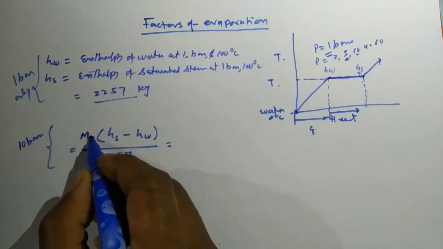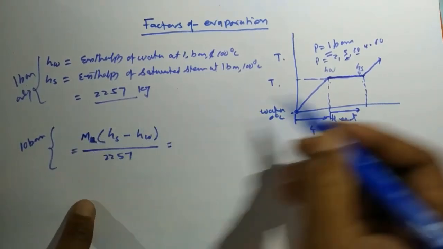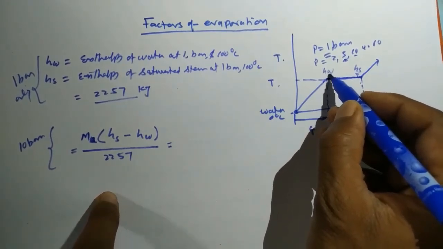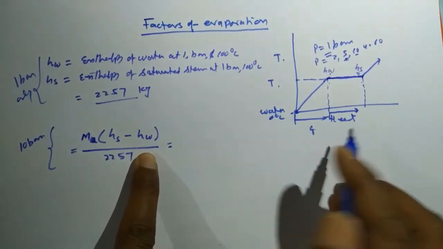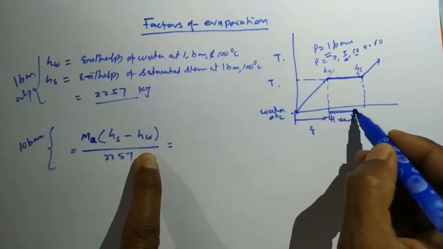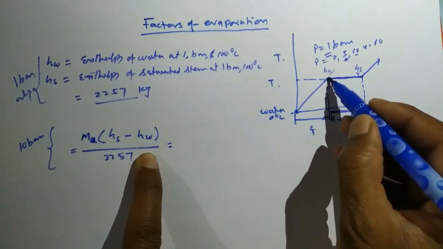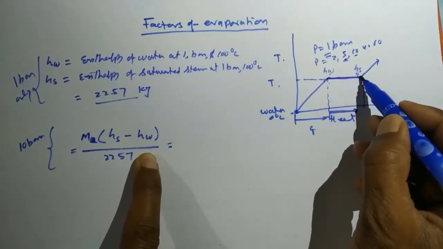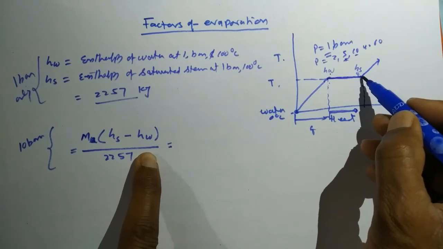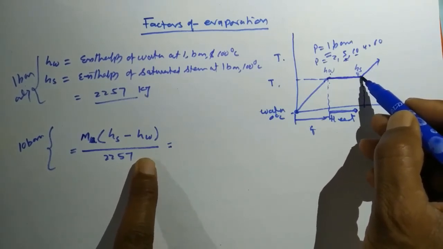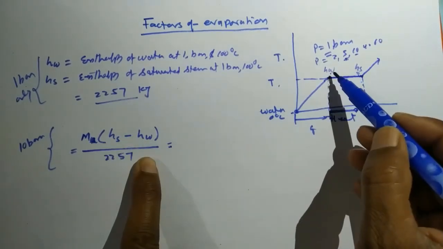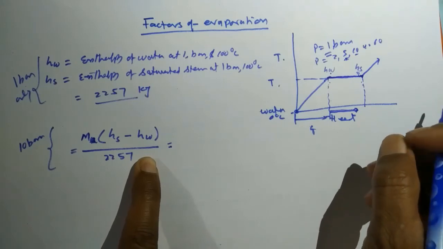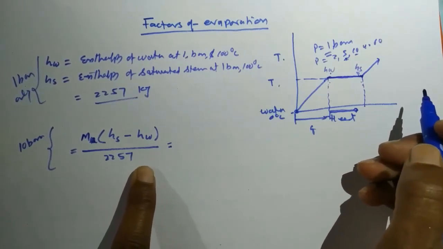Let Ma be the mass of water available at Hw, the enthalpy of water at a certain pressure, that may be 5 bar, 10 bar, 40 bar or 60 bar. As the heat is supplied, the water starts to evaporate up to Hs, where the whole water is converted into steam. Now the total actual heat absorbed by this water equals Ma multiplied by (Hs minus Hw).